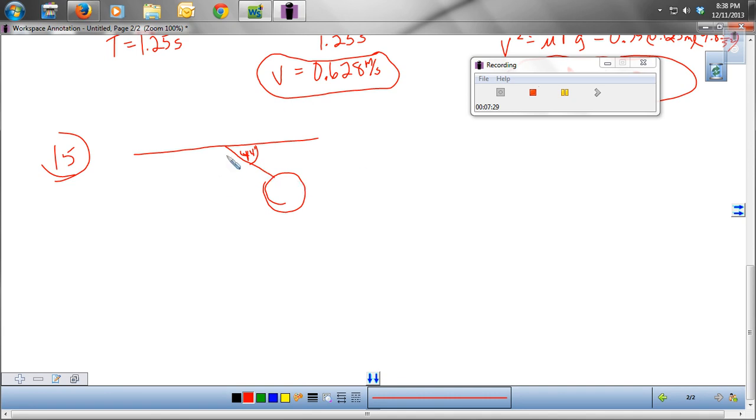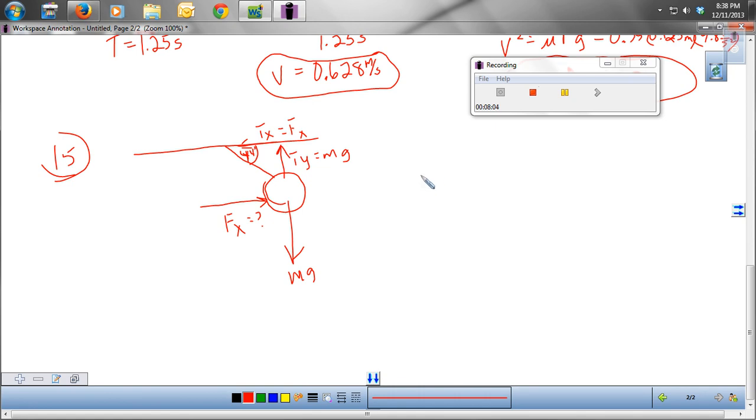So evidently the ball was initially suspended here, and then the kid came and shoved it like that. And they want to know what force that kid is shoving with. Well, this is mg, so this would be Ty, and it would equal mg, and this would be Tx, and it would have to equal Fx, because everything is in equilibrium.